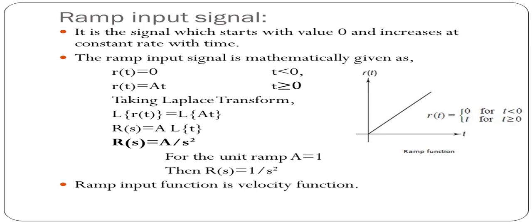So this is the Laplace transform of ramp input signal. Now if we consider the unit ramp, that is a is equal to 1, when the amplitude is equal to 1, then r of s will become 1 upon s square. The ramp input function is also known as velocity function.